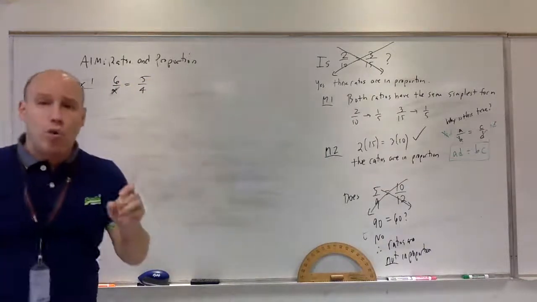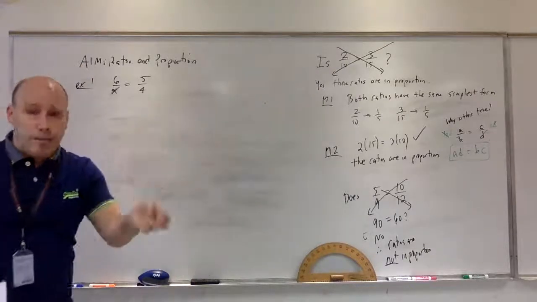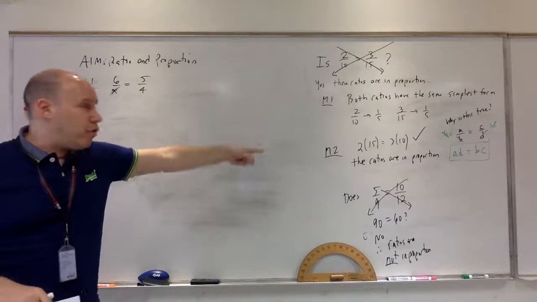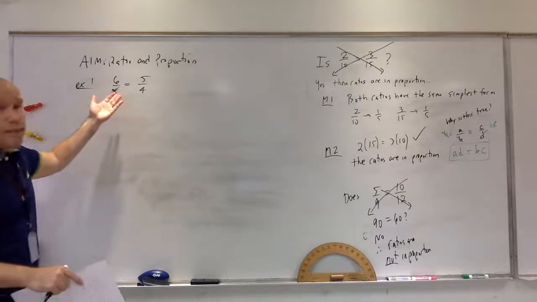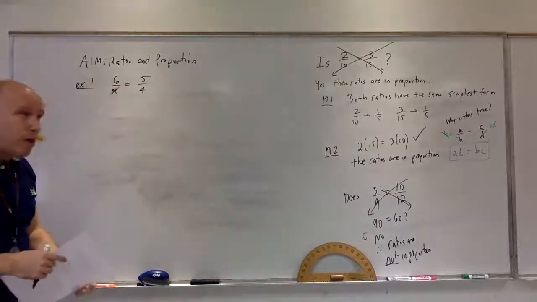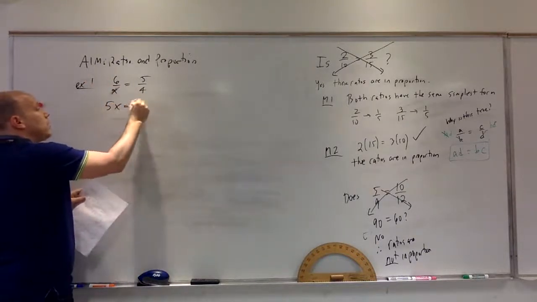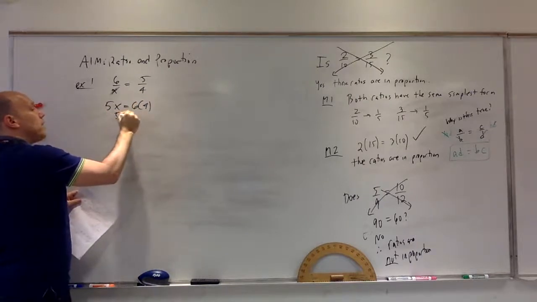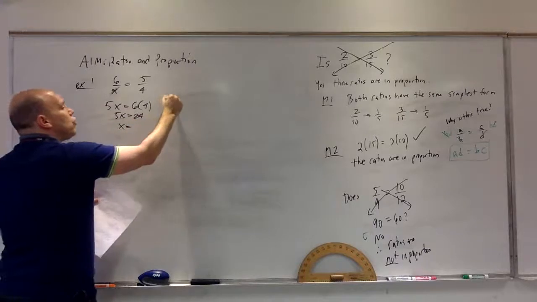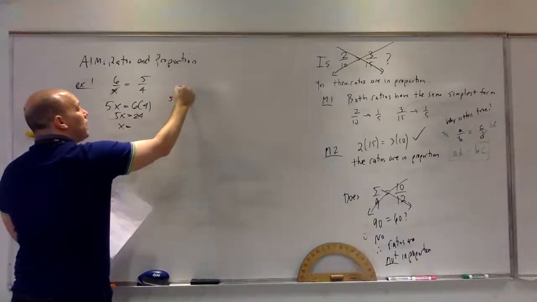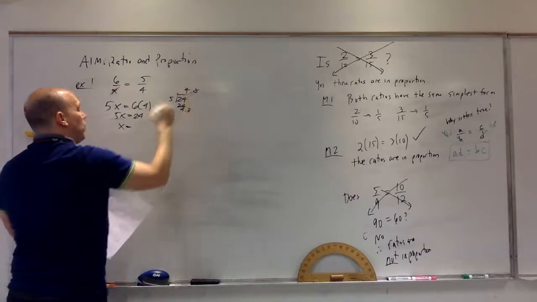When you see two ratios set equal to each other with a variable, assume they're in proportion, and either of these rules works. So you say, okay, these two ratios are in proportion, therefore 5 times x equals 6 times 4, 5x equals 24, x equals... you should know how to do this by hand. This is 4.8.